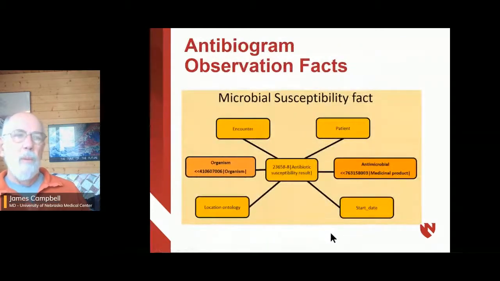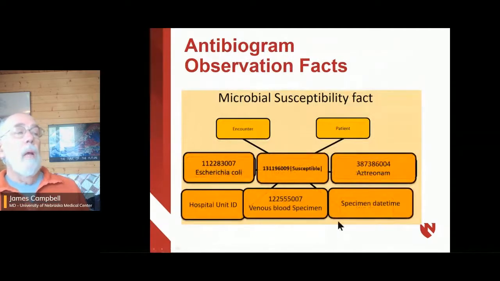Now, these test reports are collated into a database of antibiogram facts, which you see here. And so, for example, in a database, a test positive for E. coli that has been tested against the drug aztreonam is reported as susceptible in SNOMED CT.